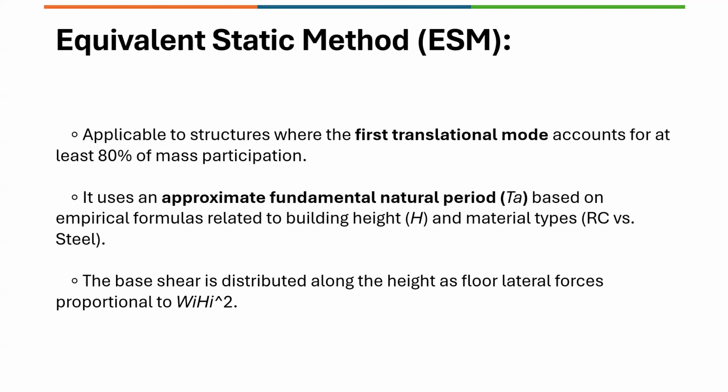So this section gives you the approximate fundamental natural period TA that is to be used, calculate the time period, and then the base shear and distribution of base shear in a quadratic form along the height of the structure.